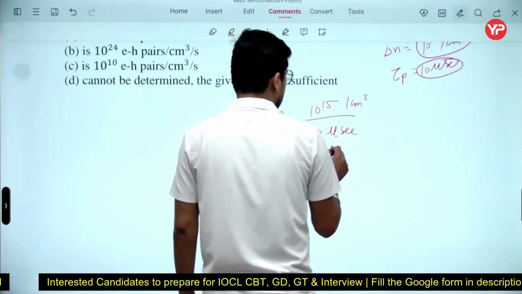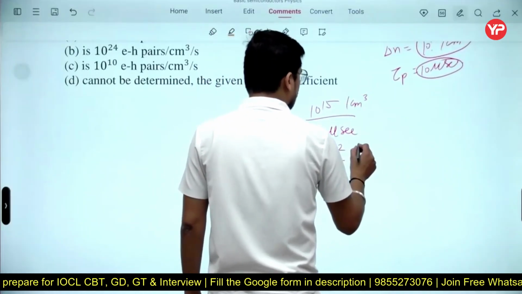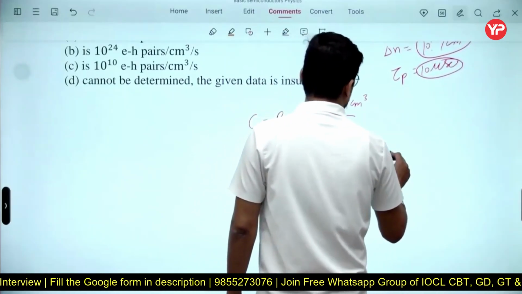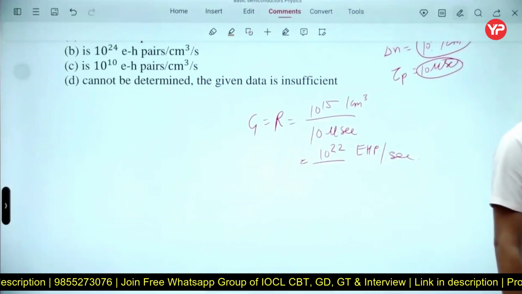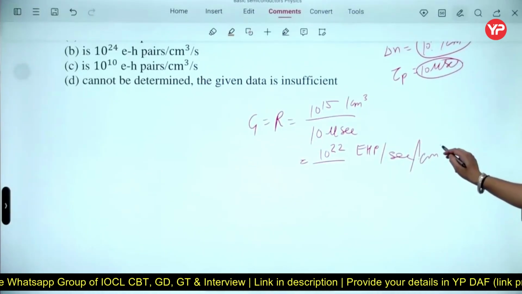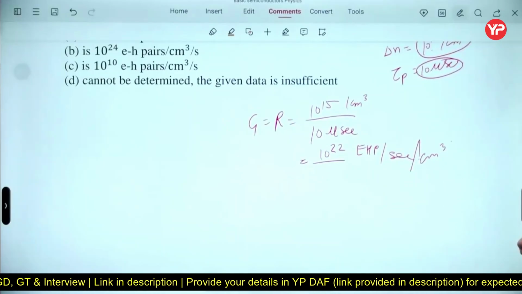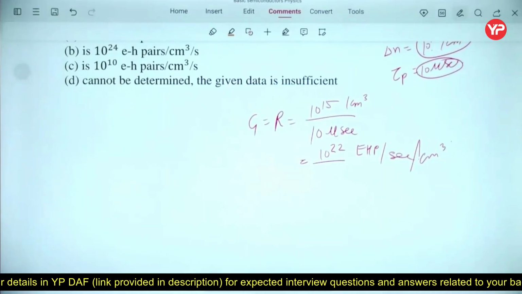That much amount of electron hole pairs is generated per second per centimeter cube, because whenever generation happens, electrons and holes are both generated at the same time, right?